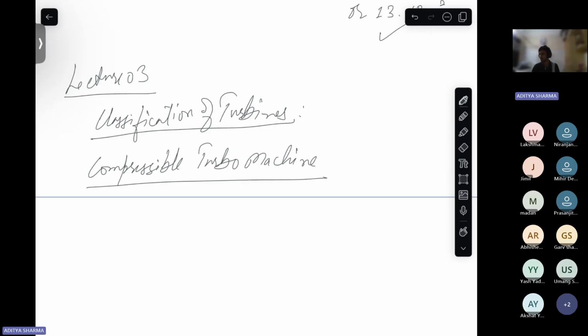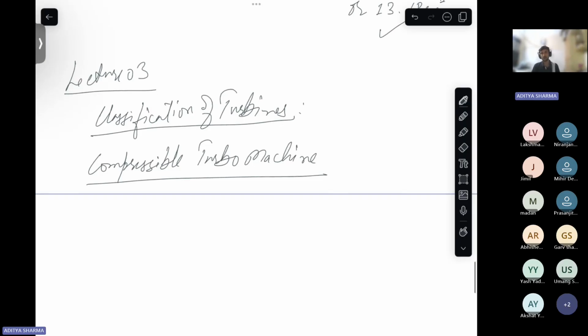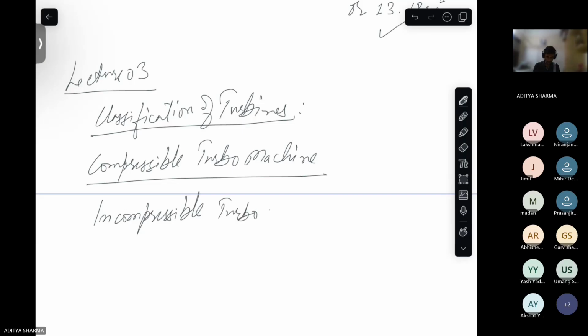If you see compressors and steam turbines, when the working fluid enters and exits, what is the scenario? From that we can say whether your turbine is compressible or incompressible.